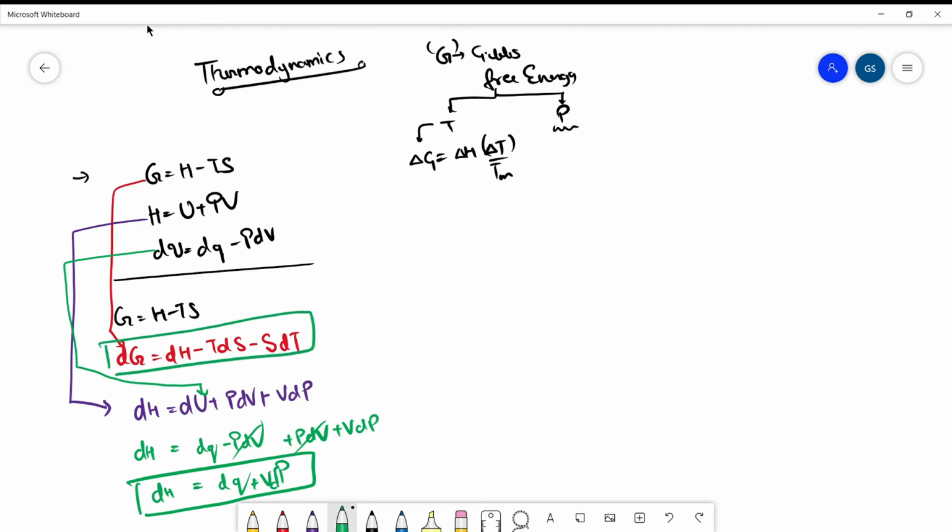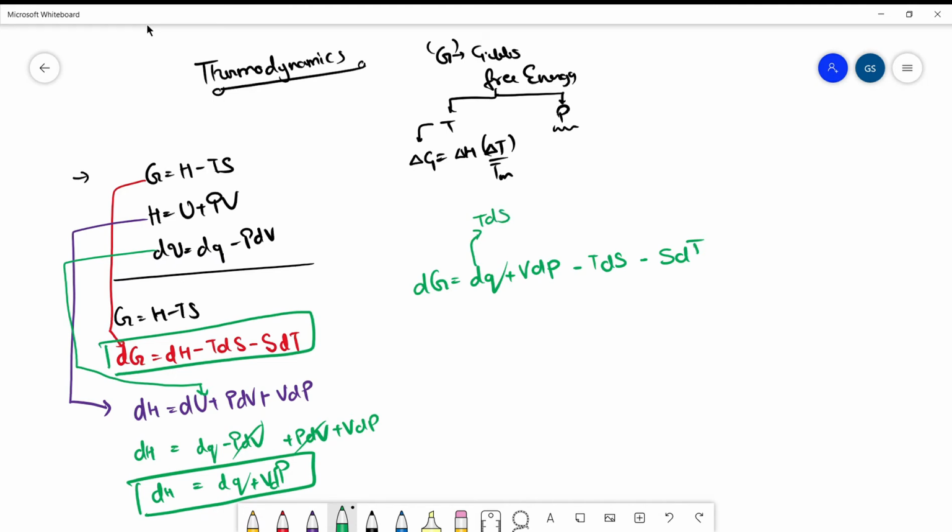Let's substitute this dH back into the dG equation. So dG will then become dQ plus VdP minus TdS minus SdT. We know that dQ is related to entropy, and that is nothing but TdS.